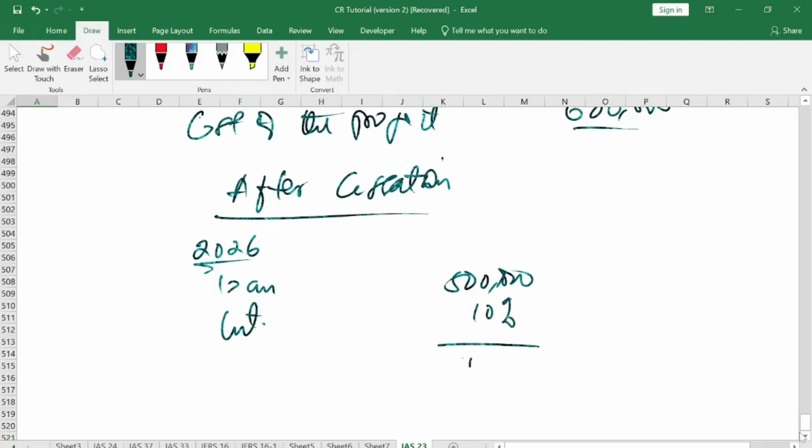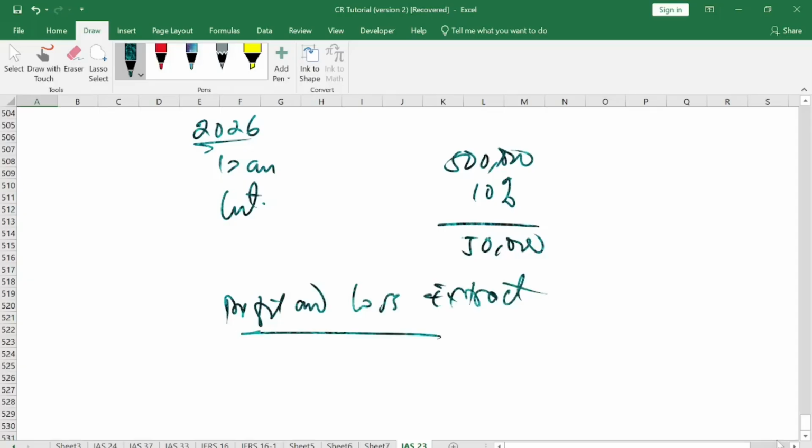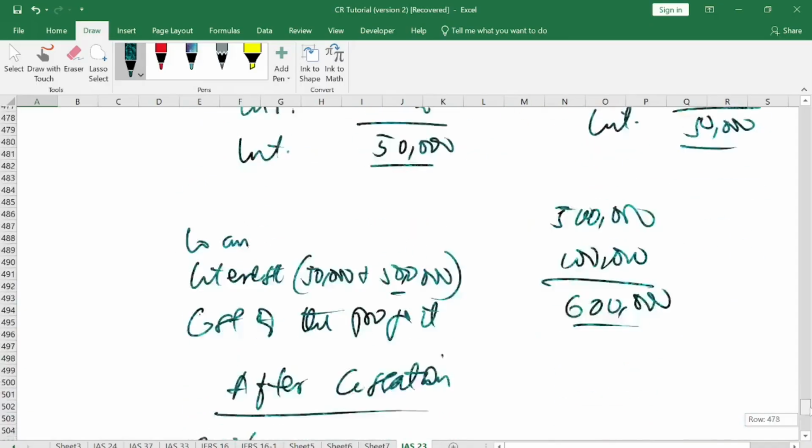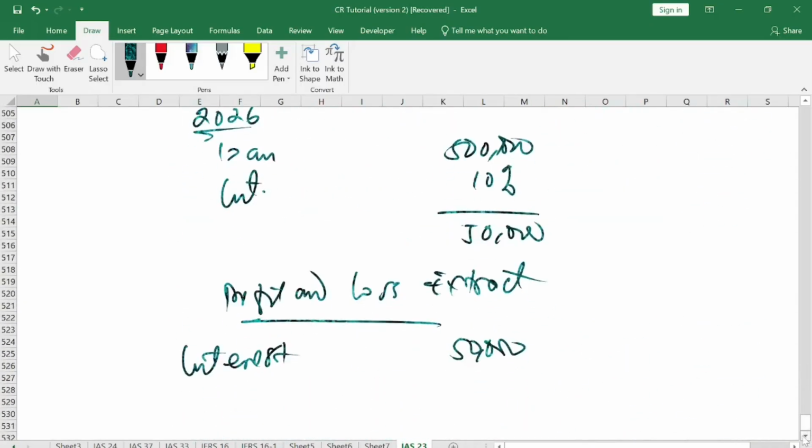That gives us 50,000. This 50,000, you take it to your profit and loss as an expense. So this becomes your finance cost, your interest, which is 50,000. All right, so that is it about the cessation period.